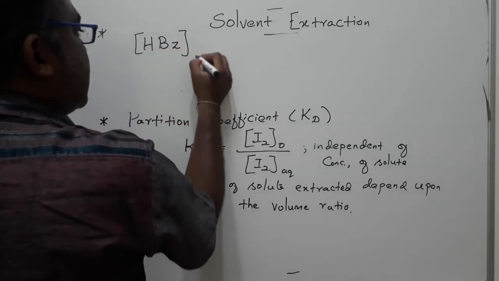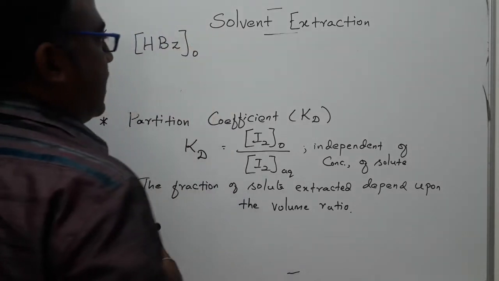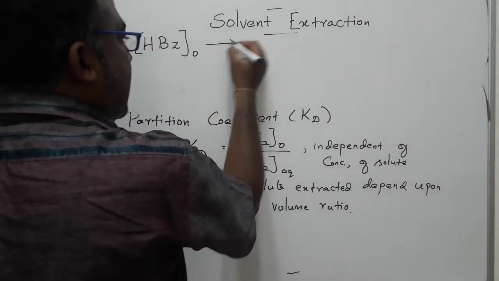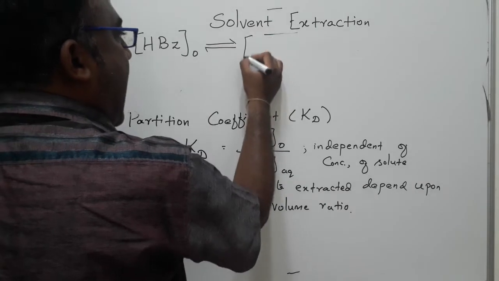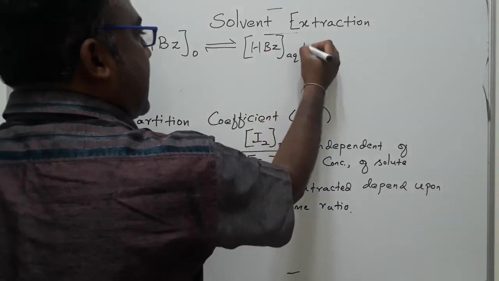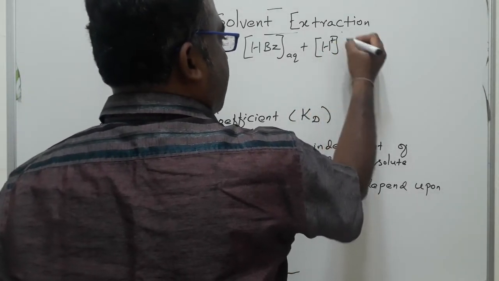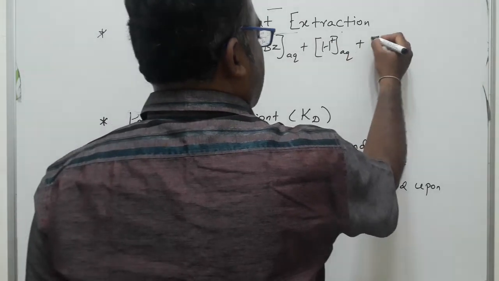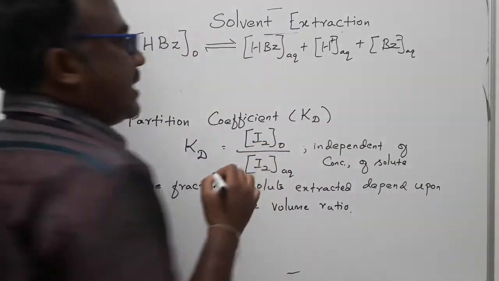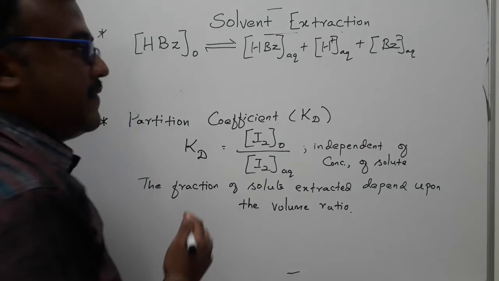Benzoic acid in the organic layer exists mostly without dissociation. But in the aqueous layer you have benzoic acid in undissociated form as well as dissociated form. In that case, the distribution coefficient and distribution ratio will be different.